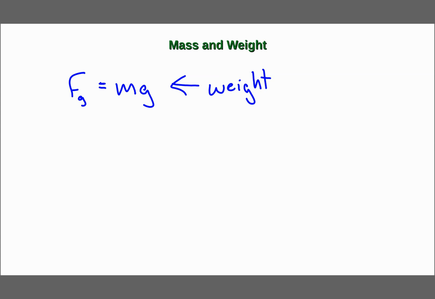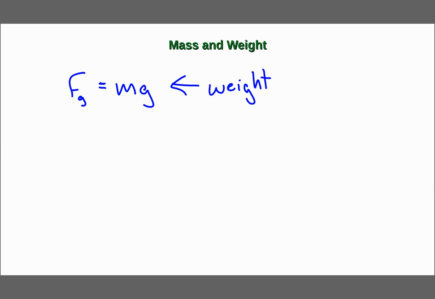So this is what you're doing when you step on a scale and it reads kilograms. Kilograms are a measure of mass, not of weight. And the scale is inferring what your mass must be based on how hard gravity is pulling you into the scale, and then assuming a value for little g.